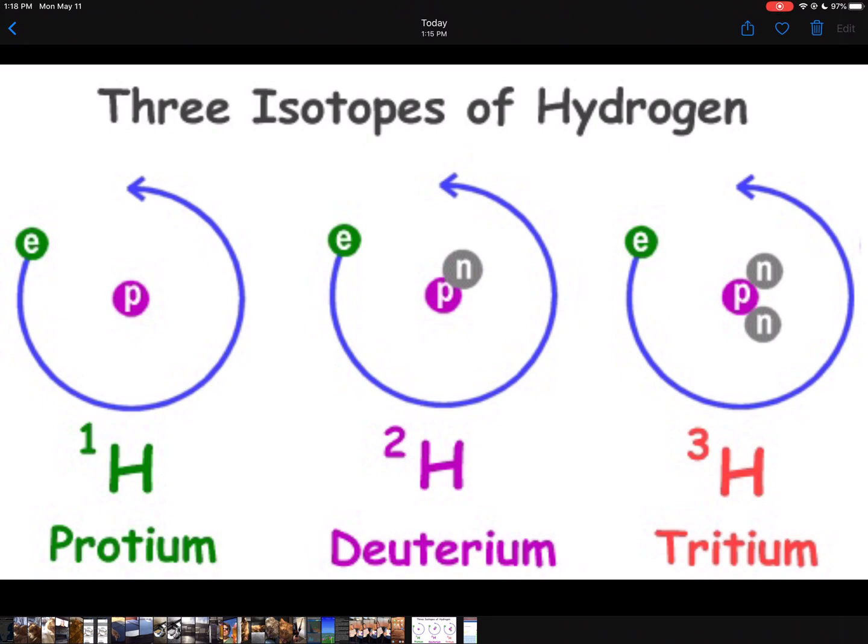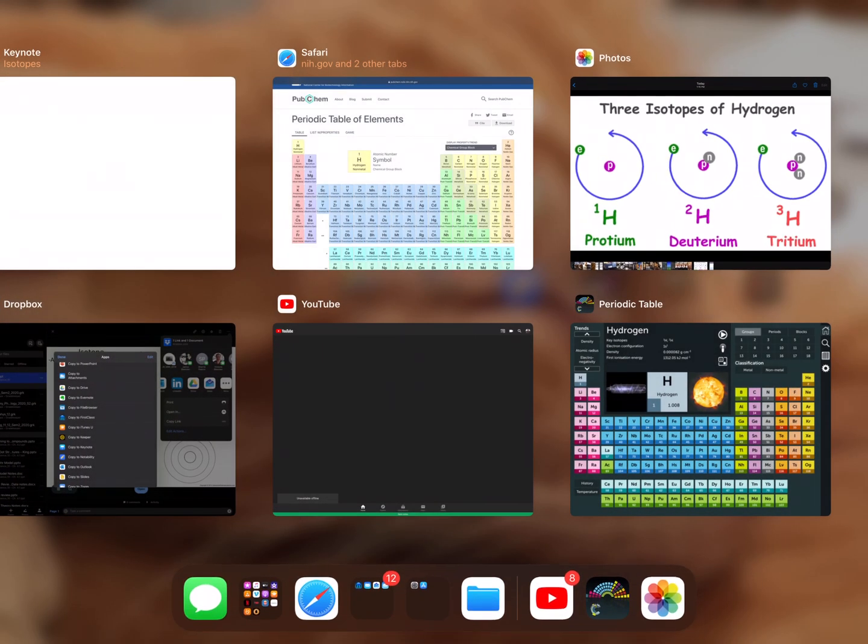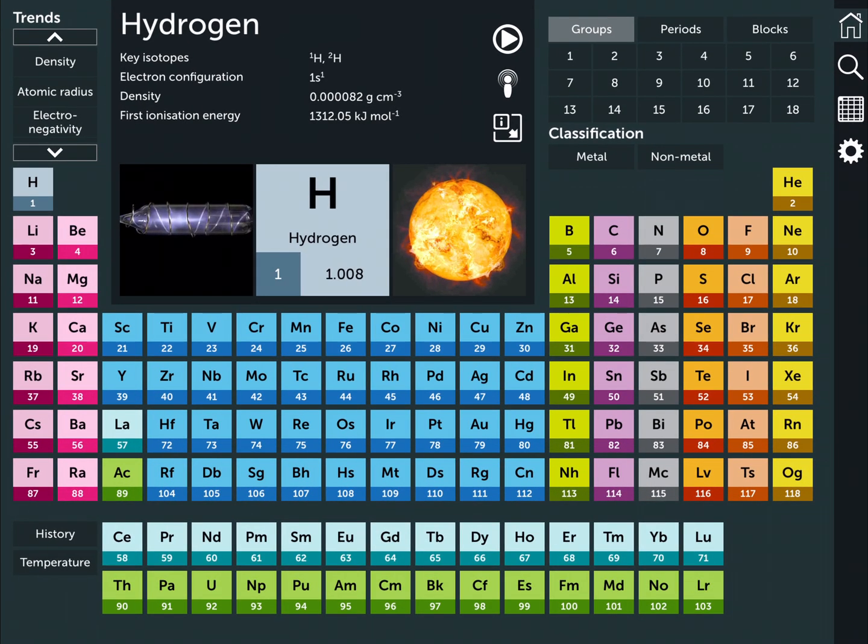So going back, you might wonder, all right, if these are the 3 different masses of hydrogen, 1 atomic mass unit for protium and 2 for deuterium and 3 for tritium, why do we see that strange number 1.008? Well, the simple answer to this question, you guys, is that you have to think about how much deuterium and tritium actually exist in the universe.